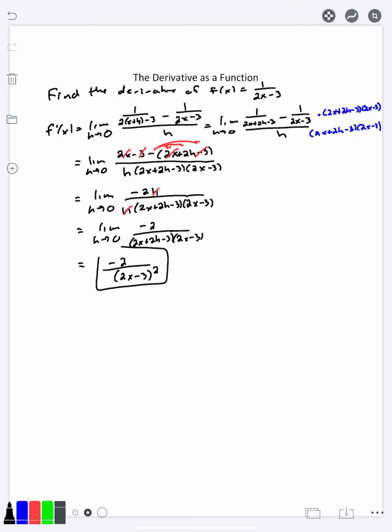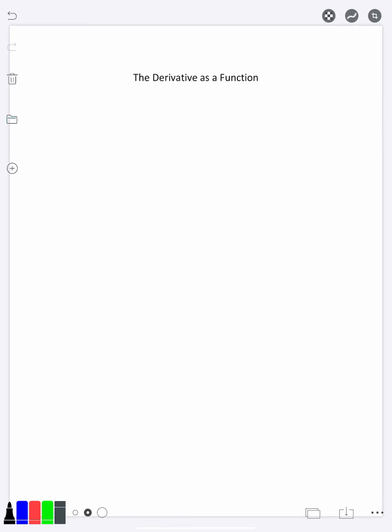The third variation of this is when you have a square root function. So let's find the derivative of f of x is the square root of x plus 3. It's the same process, just slightly different algebra that you have to worry about.